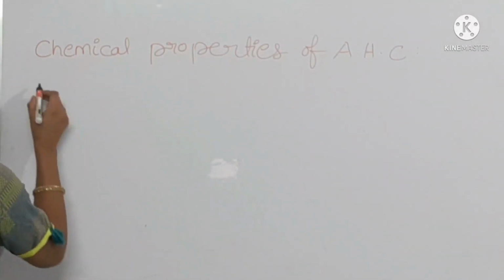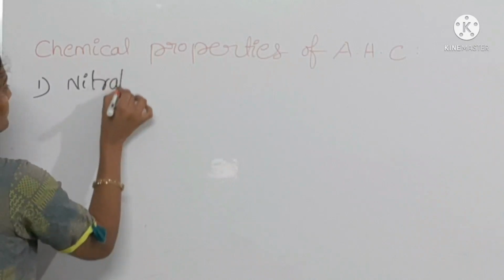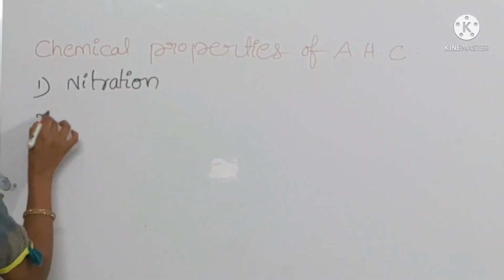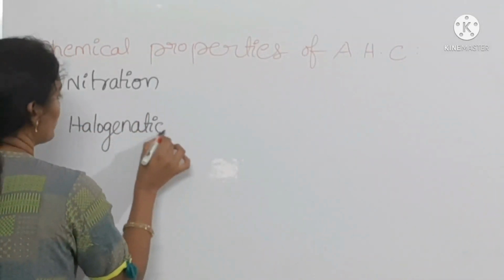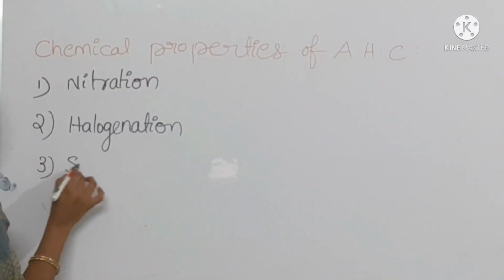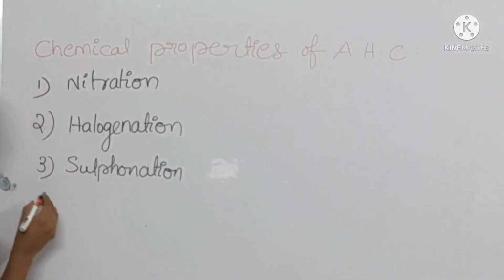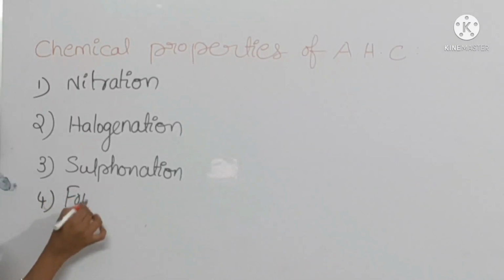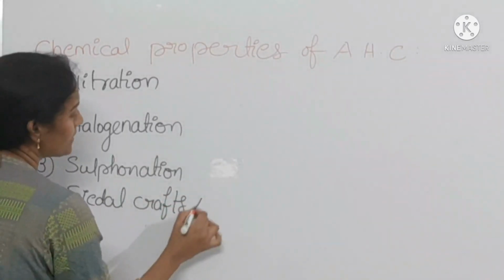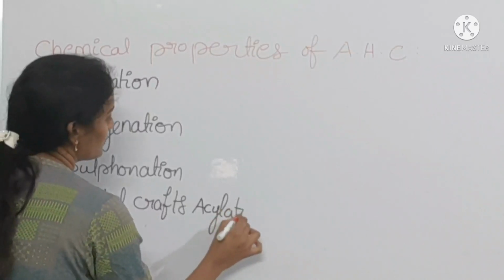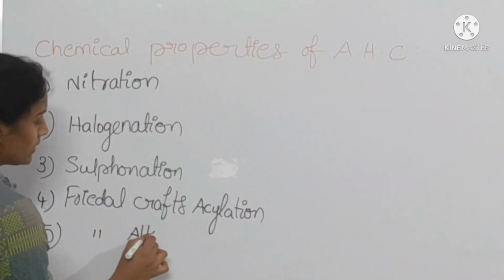What are the substitution reactions? The general electrophilic substitution reactions are: first, nitration; second, halogenation; third, sulfonation; fourth, Friedel Crafts acylation; and fifth, Friedel Crafts alkylation.